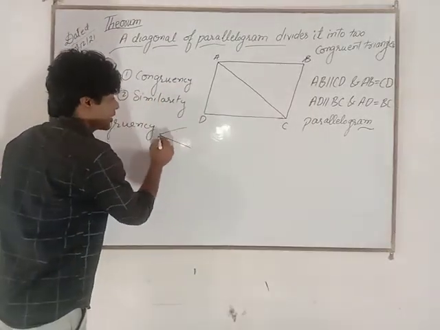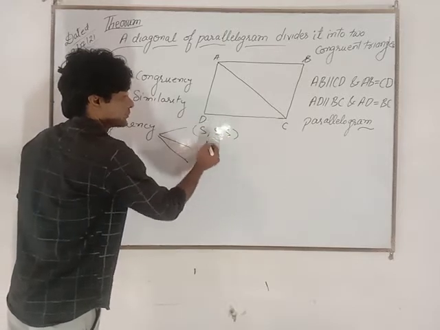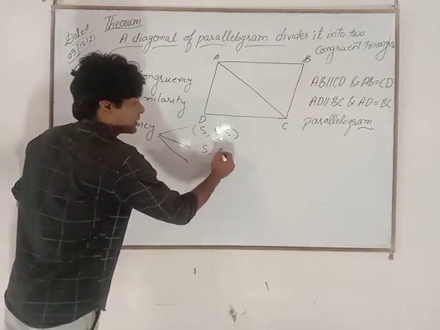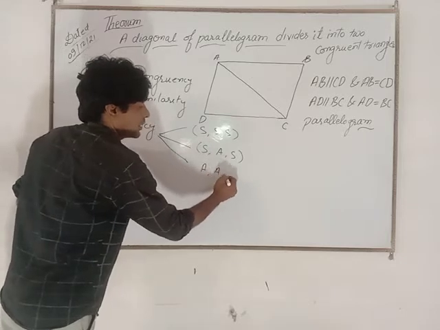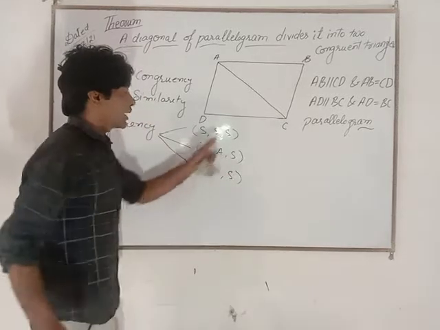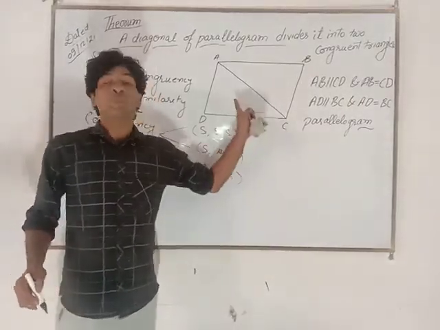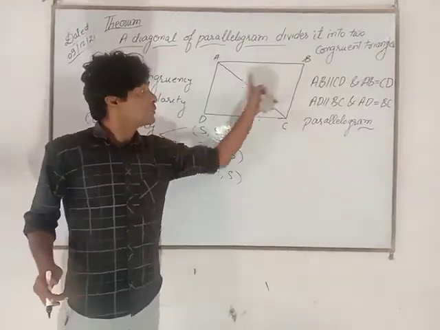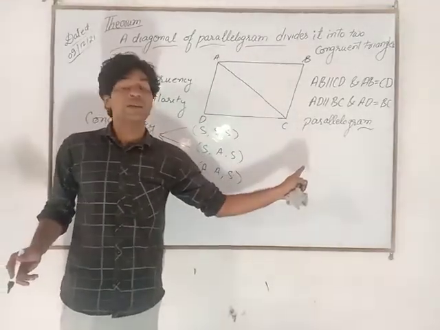By the trio criterion, triple S, SAS, AAS, by these trio criterion you can prove that these both triangles are congruent. Here AC is your diagonal, right?